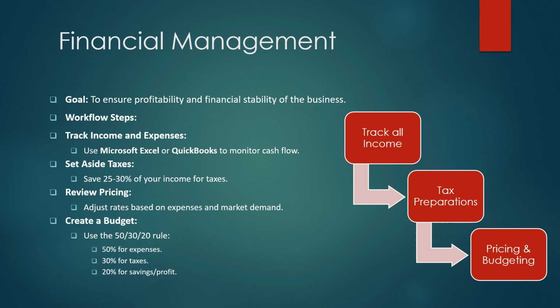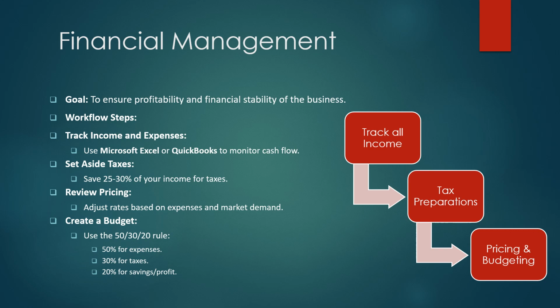Then set aside money for taxes. Save at least 20 to 25 to 30% of income for taxes. Why? Because it is going to be a pain if you don't save for the taxes. And then don't wait until the end of the year to file your returns.